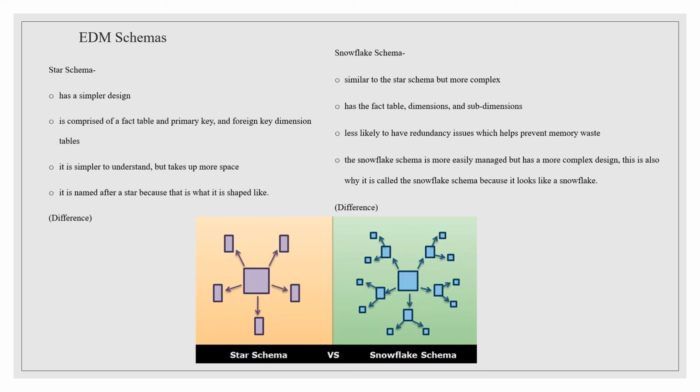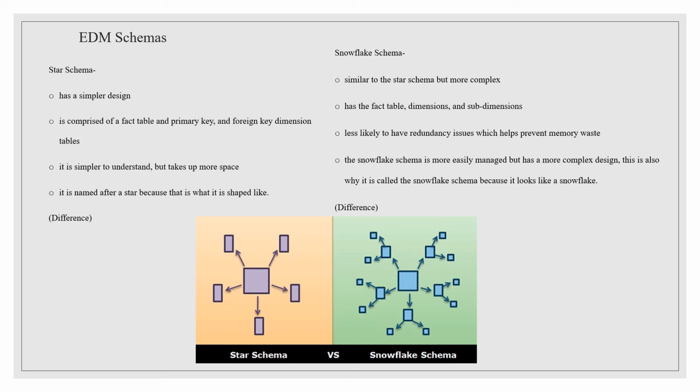Enterprise data management schemas. The star schema has a simpler design, comprised of a fact table with a primary key, and foreign key dimension tables. It is simpler to understand, but takes up more space. It is named after a star because that is what it is shaped like.